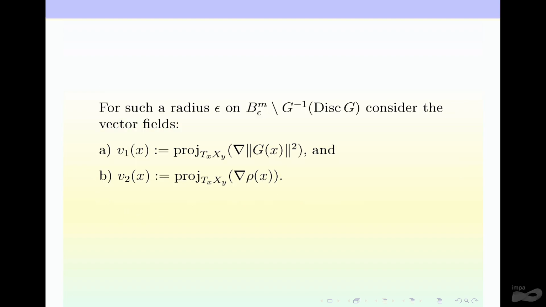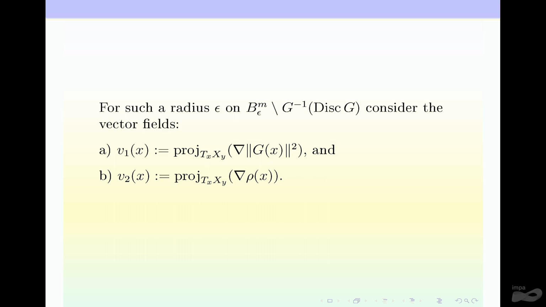so for such a radius, what can we say? We can construct two vector fields which are tangent to the fiber. So how did we construct that? We take the orthogonal projection in the direction of omega x on each point.